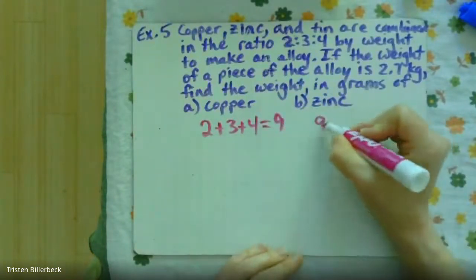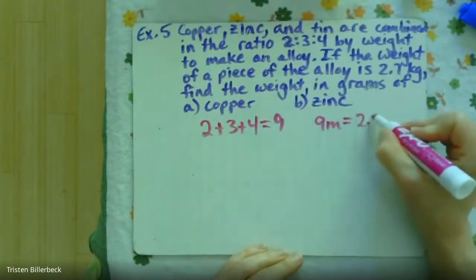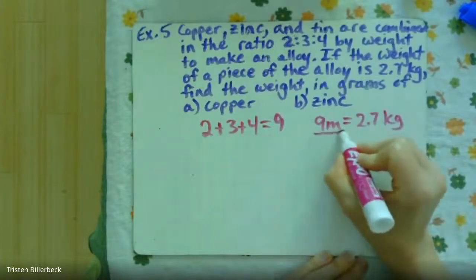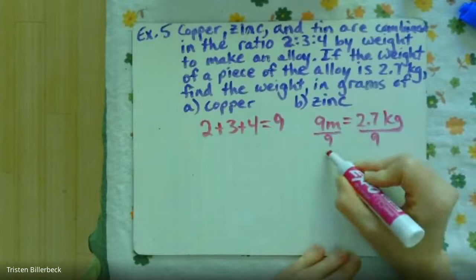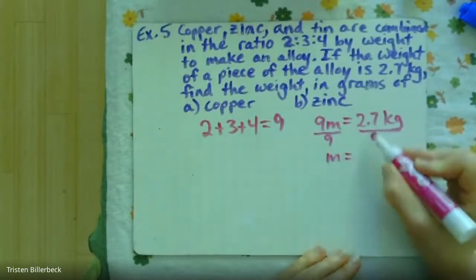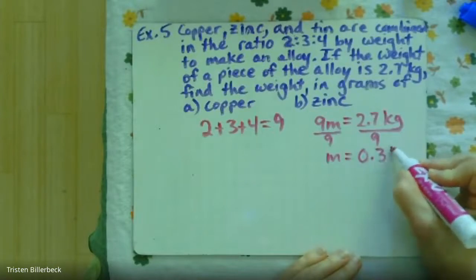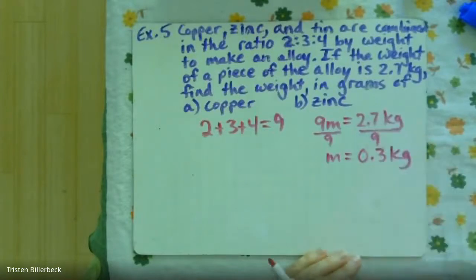So some 9 times some multiple equals 2.7 kilograms. So if we divide this by 9, we can find out what this multiple is. So the multiple ends up being 0.3 kilograms when we divide 2.7 by 9.